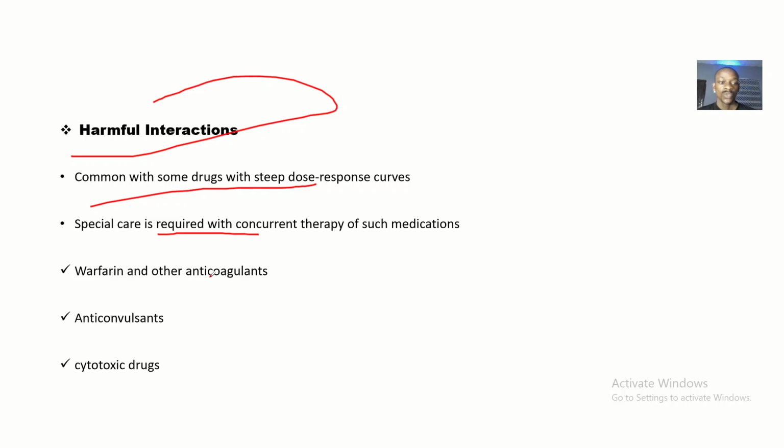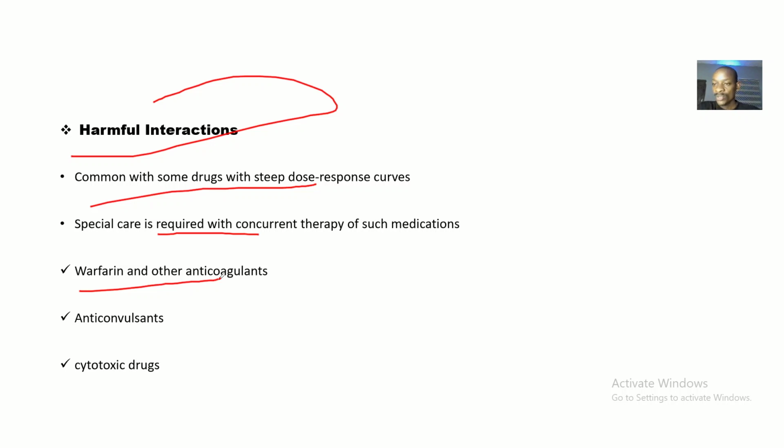Do you understand? So warfarin and other anticoagulants are likely to have a drug-drug interaction that will be harmful to you because these are anticoagulants. Do you understand? They actually stop blood from clotting. They stop blood from clotting.